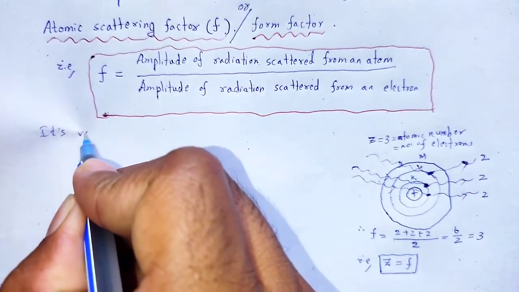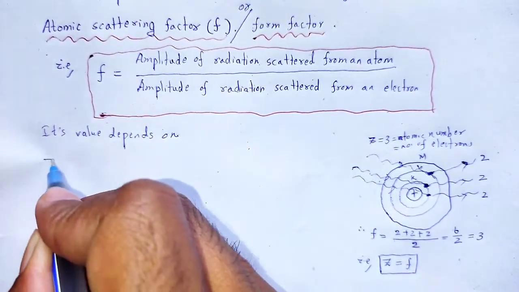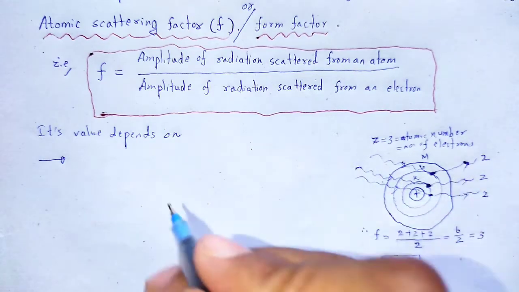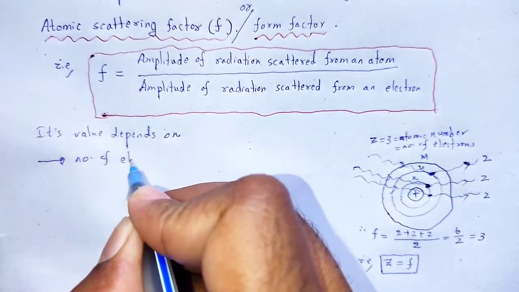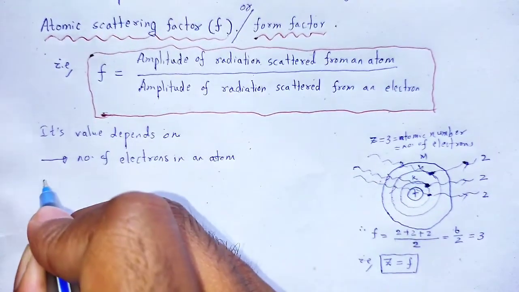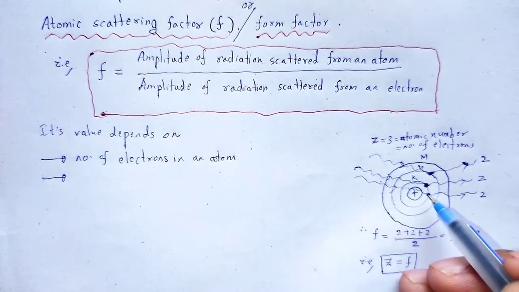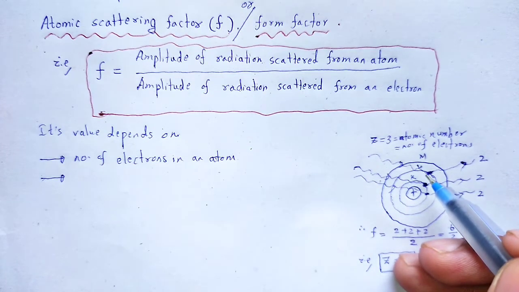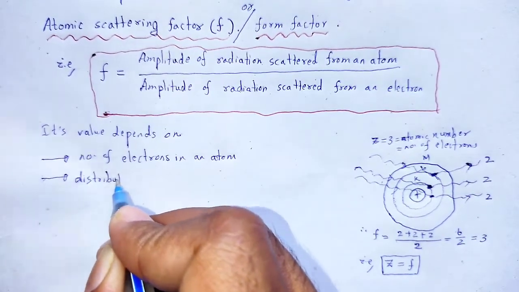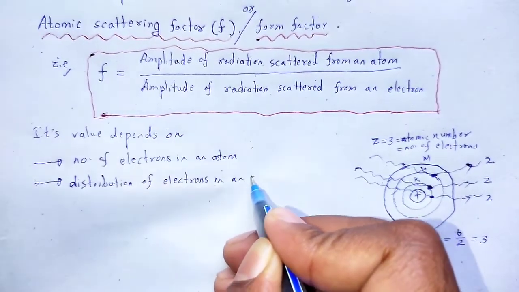Its value depends on the number of electrons present in a particular atom and the distribution of electrons inside the atom, what be the number of electrons in the K shell, L shell, M shell, like that.